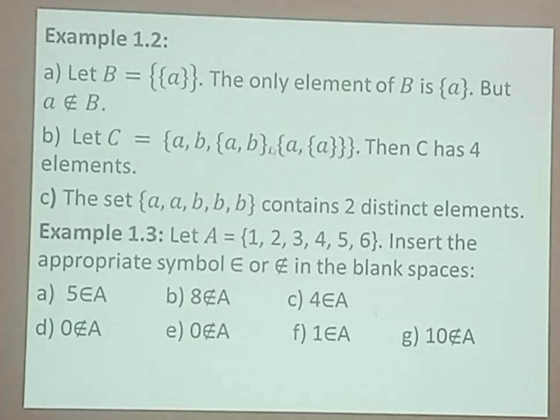How many elements is this? 1, 2, 3 and 4 elements. And the set {A, B} contains only 2 distinct elements, that is A and B.